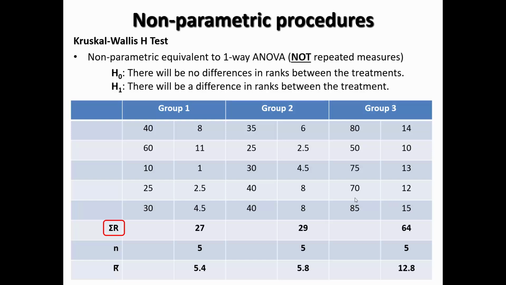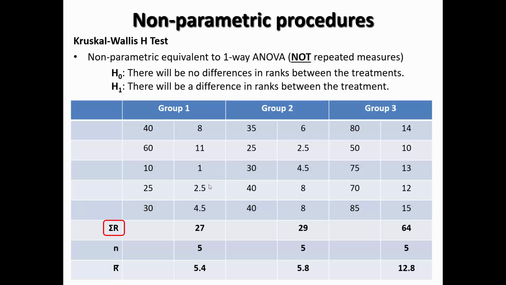Now before we go on, once we have the ranks assigned, you'll notice that there are some tied ranks as well. So the tied ranks, if we have people that scored the exact same value, 25 and 25, then that is split down the middle, and we have a value of 2.5, a value between 2 and 3, and they both share that value.